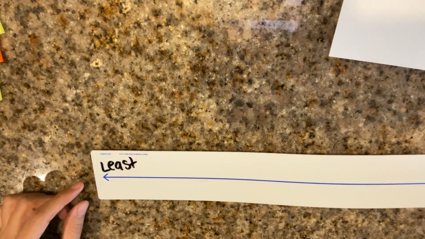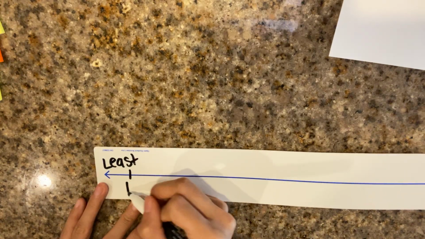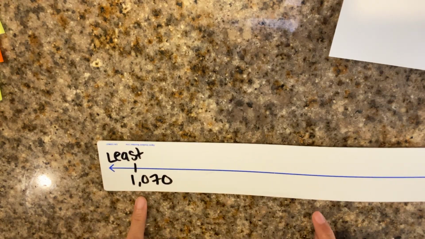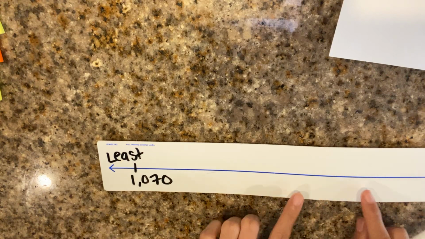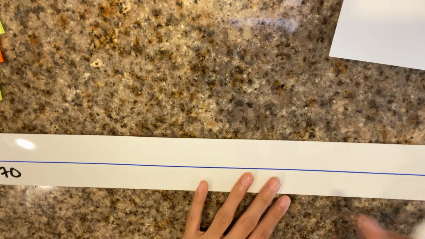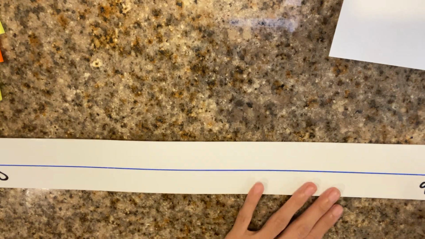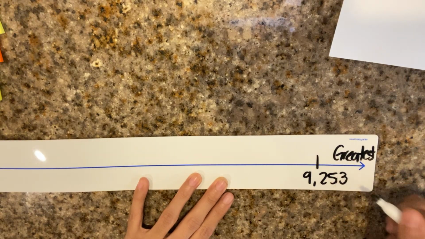So we said our number that was the least was 1,070. So we'll put that somewhere there. The second one we said was 5,528. Then we're going to go ahead and put our greatest one, which we said was 9,253.